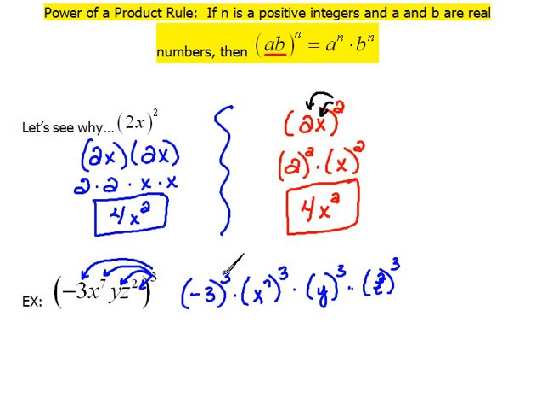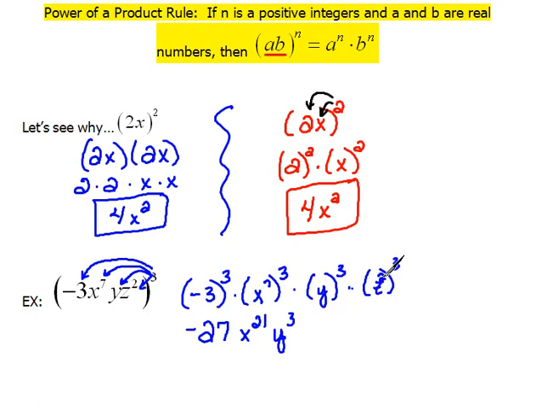Negative 3 cubed means negative 3 times negative 3 times negative 3, which would be negative 27. And x to the 7th raised to the third power, well, here we have a power to a power. We're supposed to multiply those. So that would be x to the 21st. And then we have y raised to the third power, which would be y cubed.